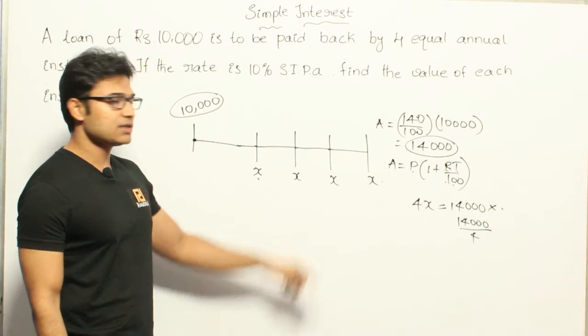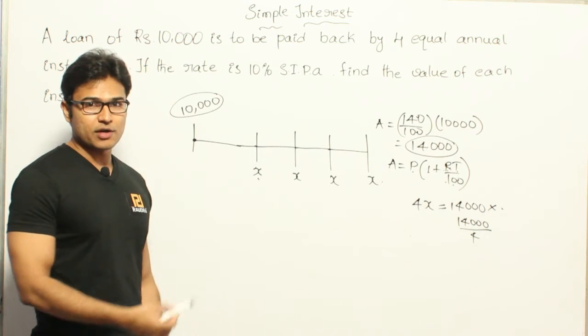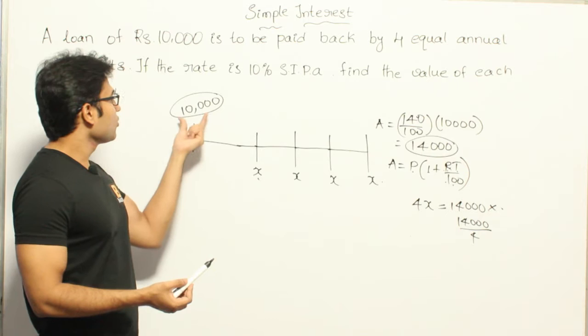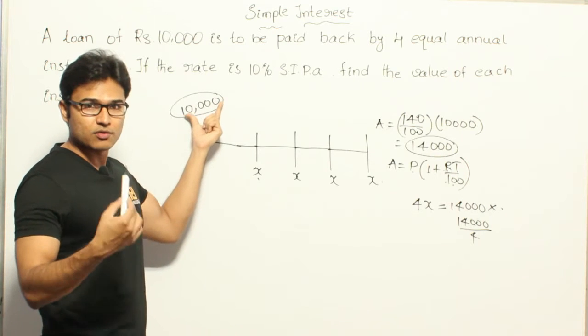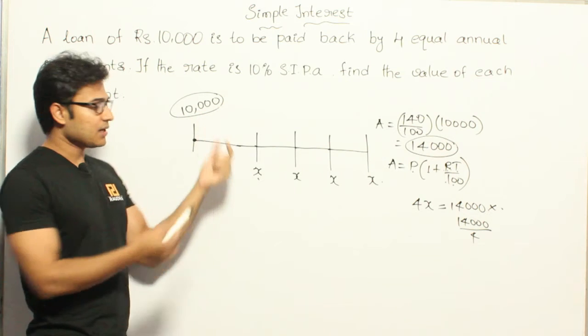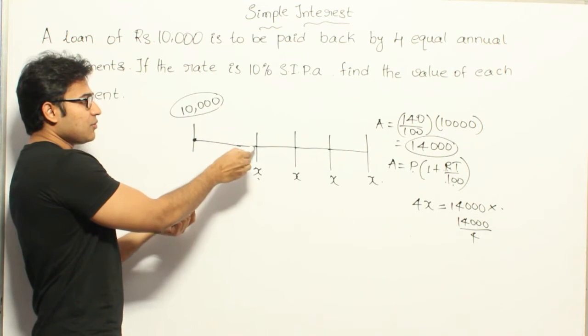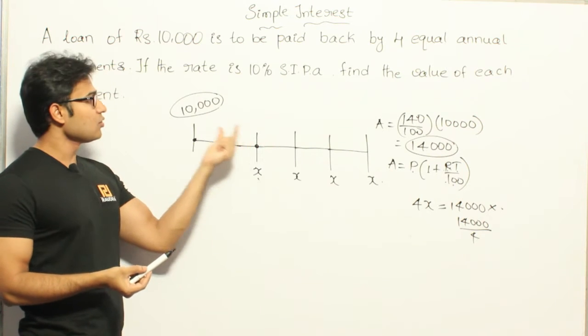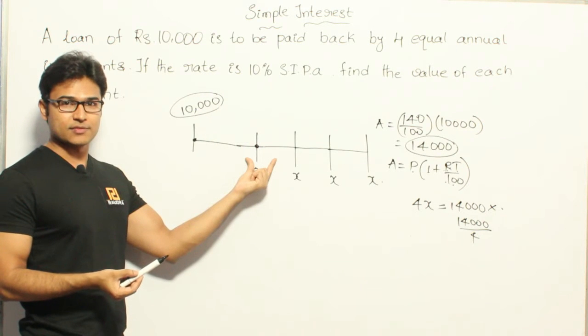Why? Even this one is increasing. So if you are not able to understand this logic, the other logic is, even though you are going to owe 10,000 rupees at this point, by the time you reach here, you are not going to owe 10,000 rupees. You are going to owe only 10,000 minus X, isn't it?